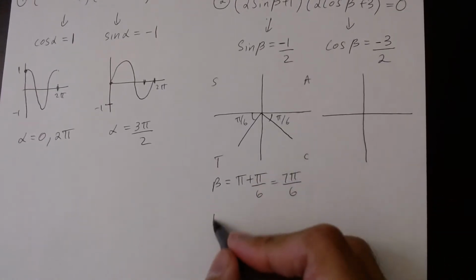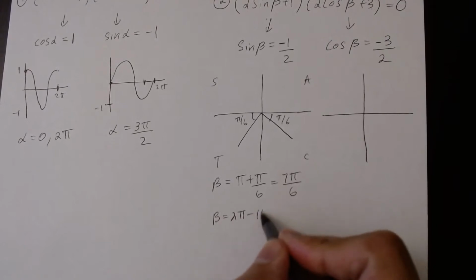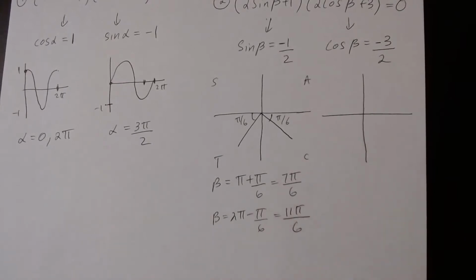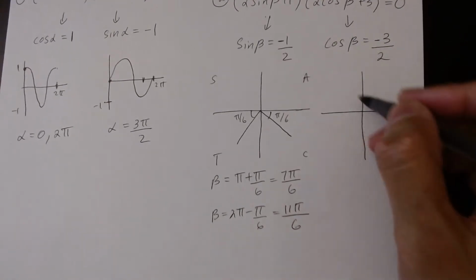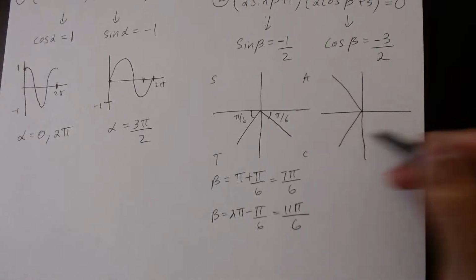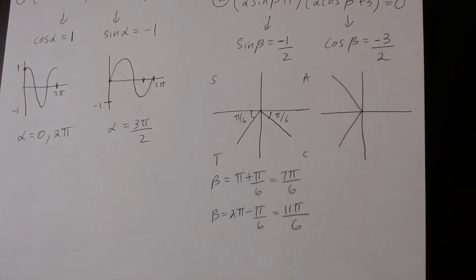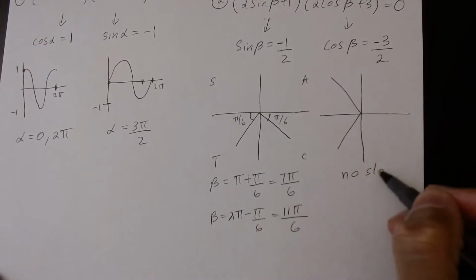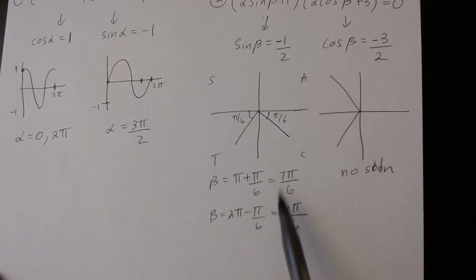And over here, it's 2 pi minus pi over 6, which is 11 pi over 6. Cos is negative in these two quadrants. I'll do the cos inverse of -3 over 2 in my calculator. And I get basically no solution, because you can't take the cos inverse of a number that's greater than 1 or less than -1. This one just has no solution. So for this question, I only have two solutions.